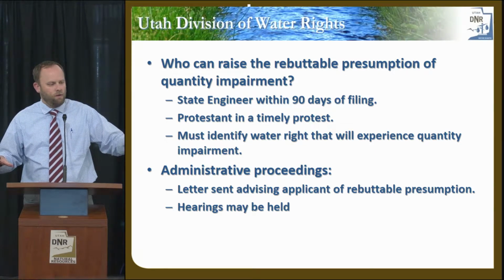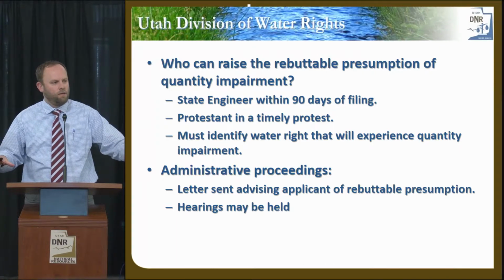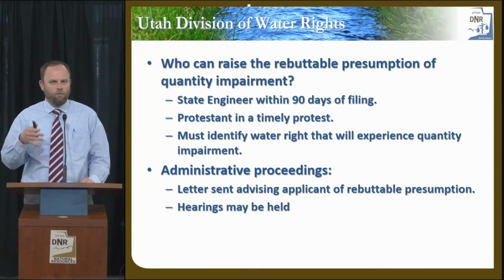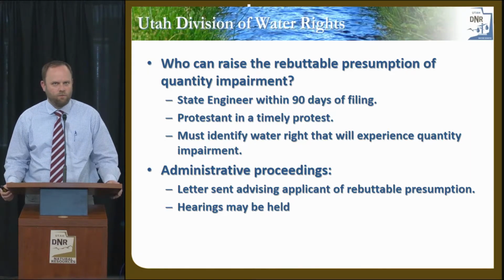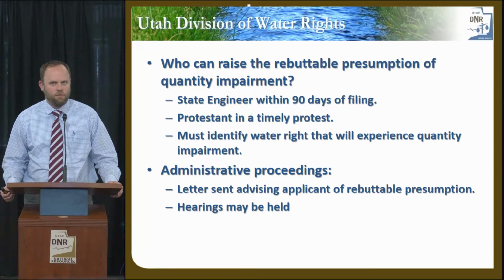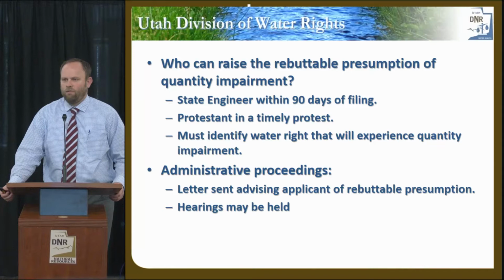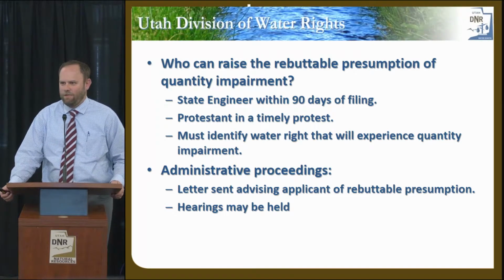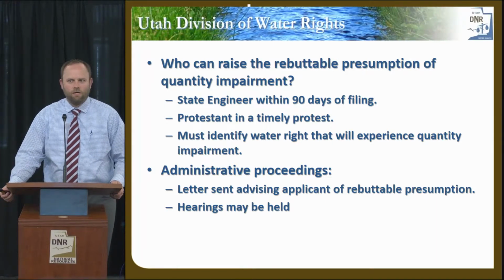If you're alleging basic quantity impairment, say specifically what you're alleging. We need to know whether we need to go into this rebuttable presumption of quantity impairment issue. So if you're a protestant, please be clear on your protest. Quantity impairment has become kind of a catchphrase. It's used in pretty much every protest now. So please be clear.